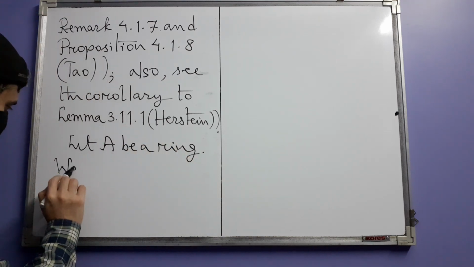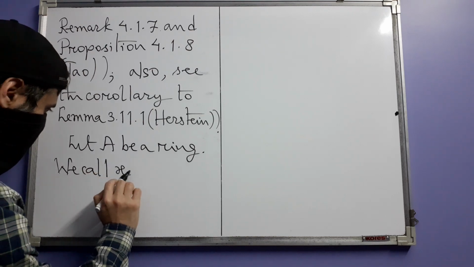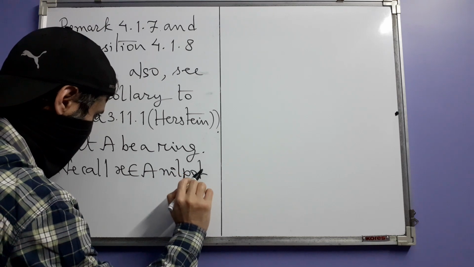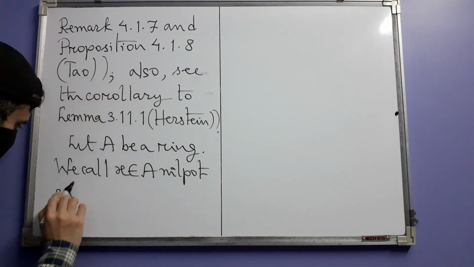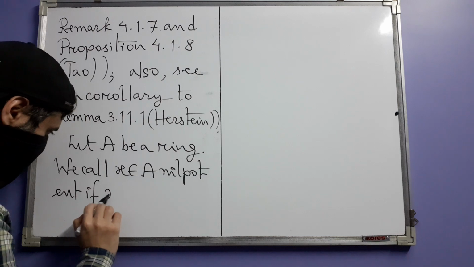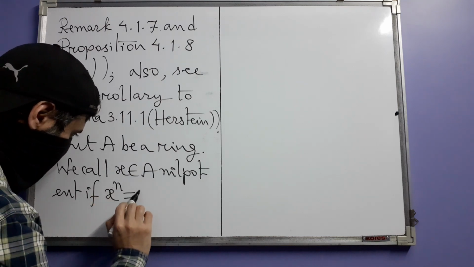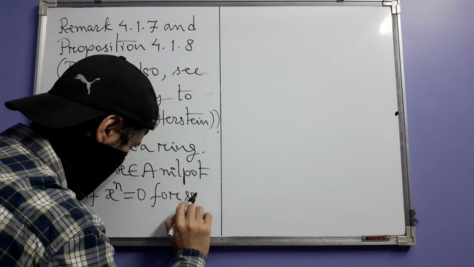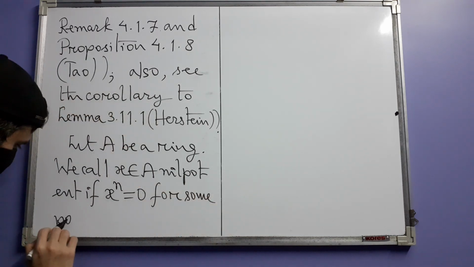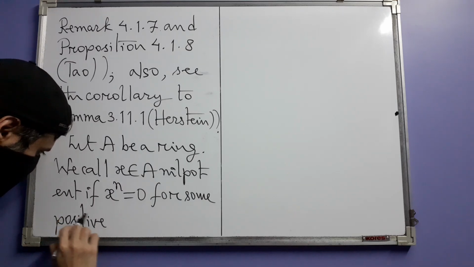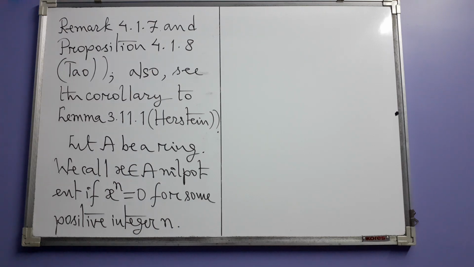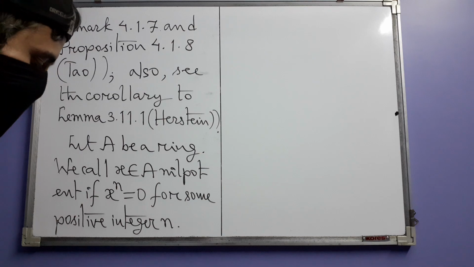We call x in A nilpotent if x to the power n is equal to 0 for some positive integer n. Okay. So that's the definition of a nilpotent element.